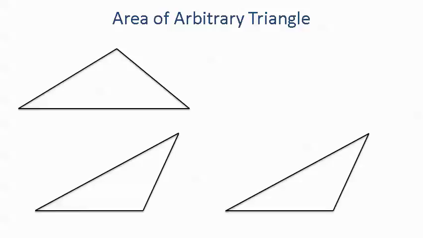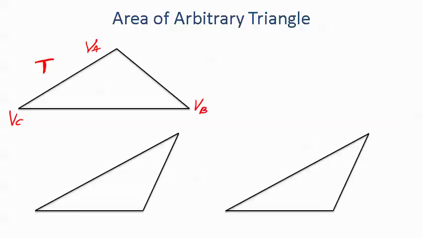Let us assume that we have this triangle here. We call it triangle T. This triangle has three vertices: vertex A, vertex B, and vertex C. And we are asked to find its area.